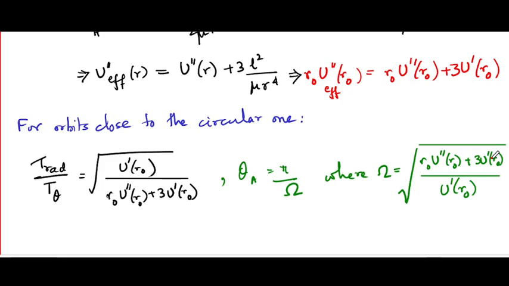By varying the angular momentum continuously, you can change the radius of the circular orbit and hence this quantity continuously. But if we want all orbits, at least all bound orbits, to be closed, we would demand that this quantity stays a rational number no matter how you change your L.